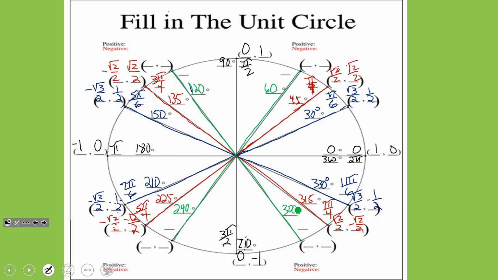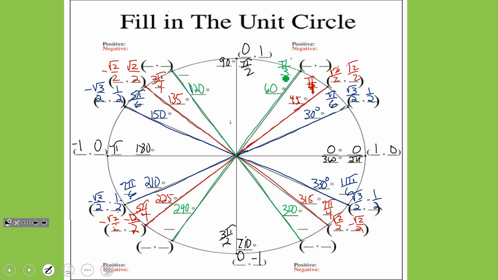Now, I do want to show you, you can count the 30s. 1 pi over 6, 2 pi's over 6, 3 pi's over 6. But you could count by 60s too. Does that make sense? 60 is 2/3 of 90. So this is going to end up being pi over 3. So this will be 1 pi over 3.